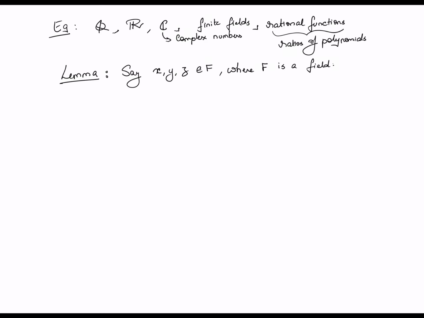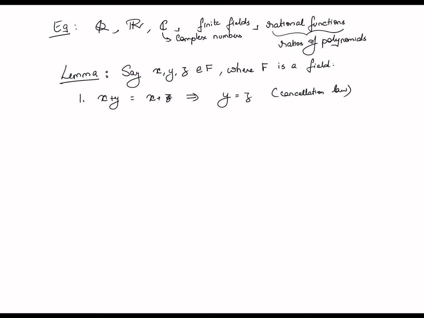Okay, in that case, what this lemma says is the following: x plus y equals x plus z implies that y equals z. This is the cancellation law. Right? So whenever you have x plus y equals x plus z, you can quote unquote cancel x from both sides, which leads you to the conclusion that y is equal to z.